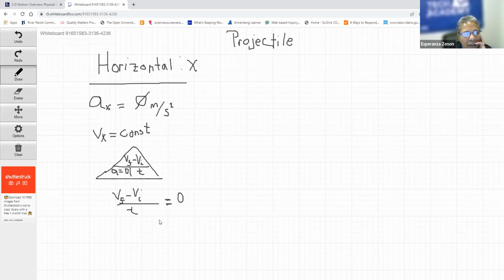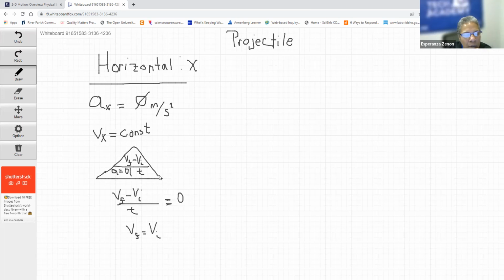Right? So that means here that VF has to equal VI. Okay. So if the acceleration for the horizontal motion is 0, and we know for a projectile that is 0 because gravity doesn't work horizontally and there's no air resistance, the projectile can't speed up or slow down. Okay. All right.